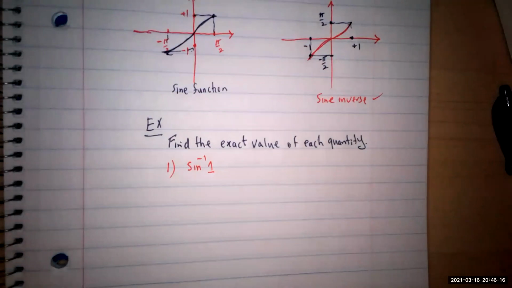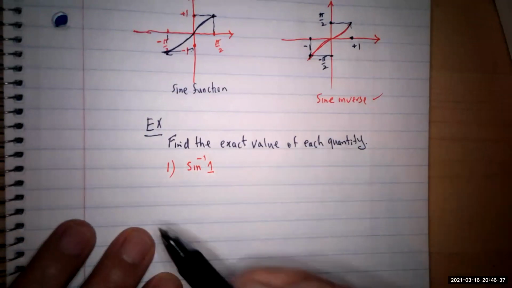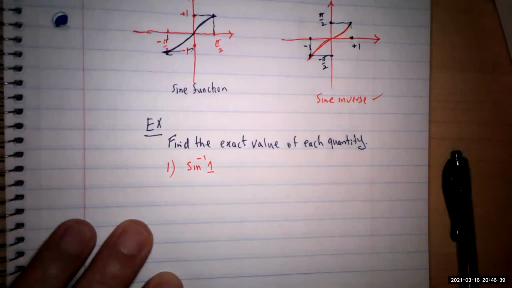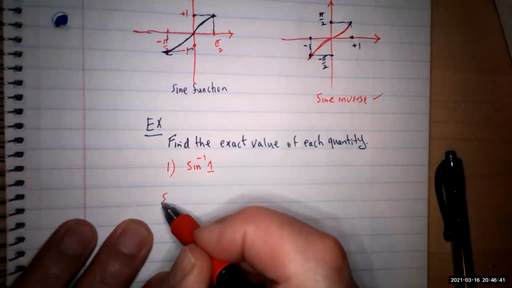This basically means find an angle whose sine is 1. Because when you get the sine function, you find the sine of 45 degrees, for example. But sine inverse means find an angle whose sine is 1. We know it, but you have to write it down for us. Get used to it. So, kind of a solution.